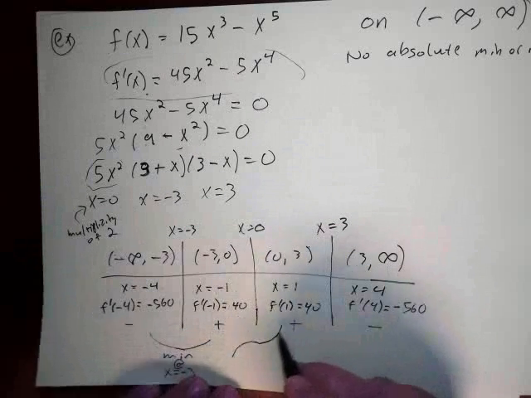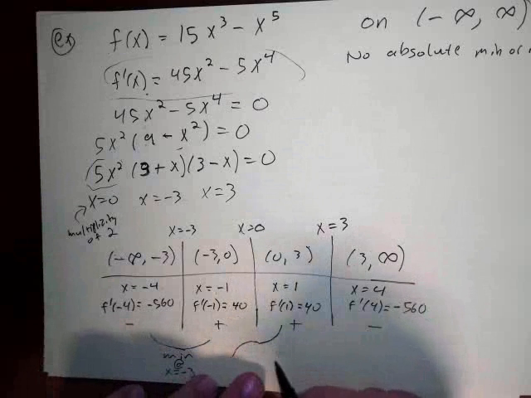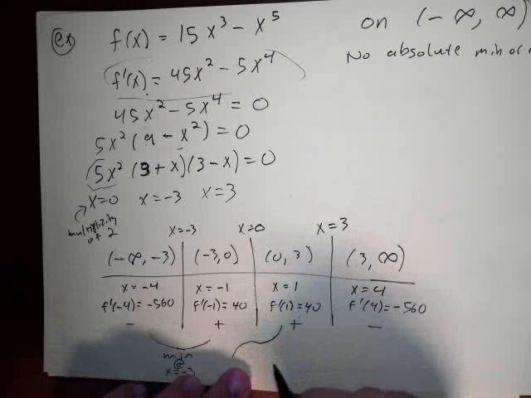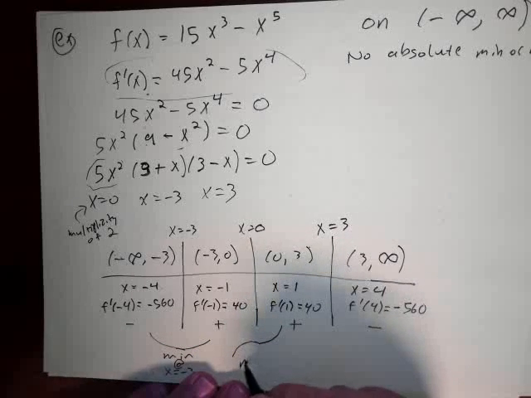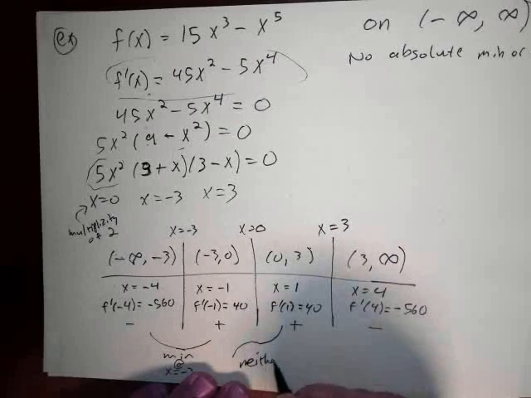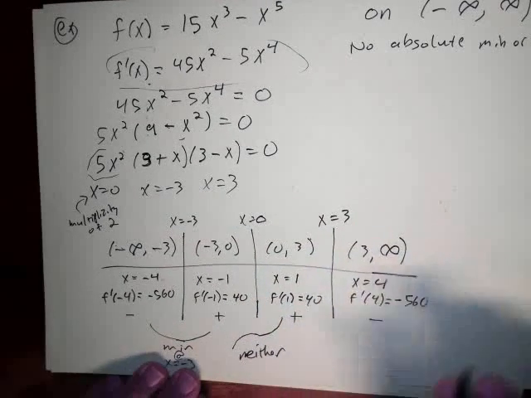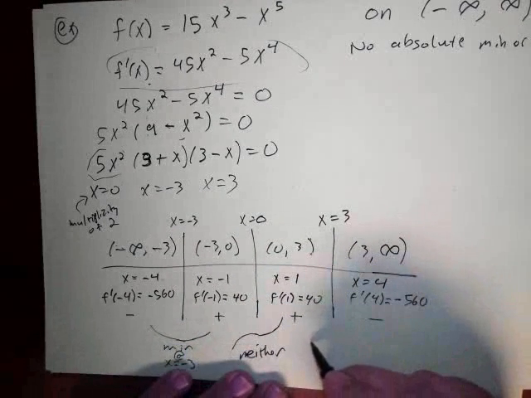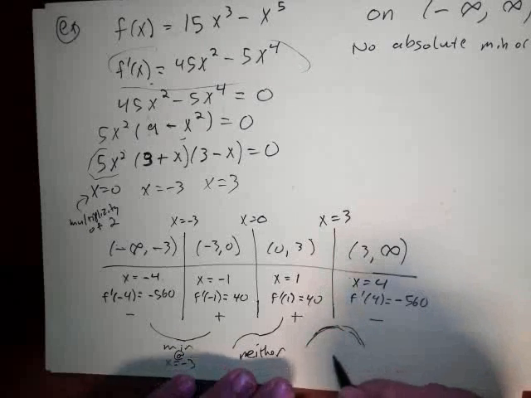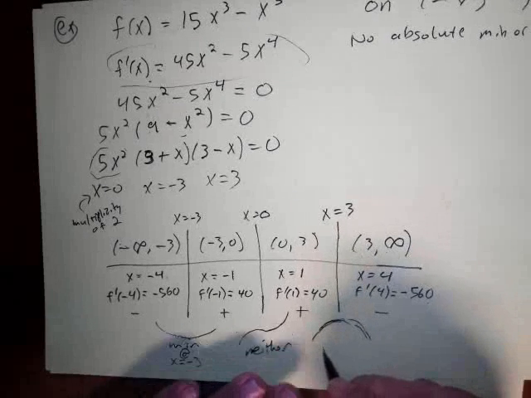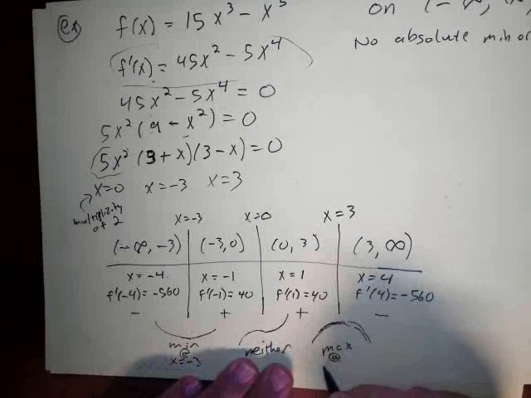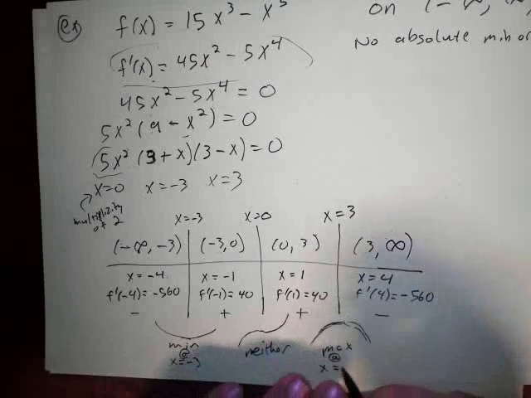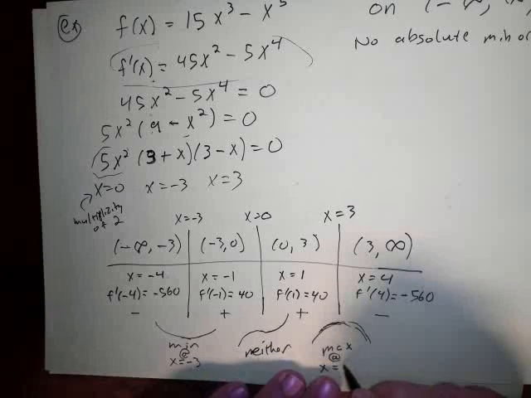So it's not switching signs, so it's not negative and decreasing. That would give it a min, but in this case it flattens out and goes back up. So this would be neither a min or a max. And then here you're increasing until you get to 3, and then you're decreasing. And so this would be a relative max at x equals 3.